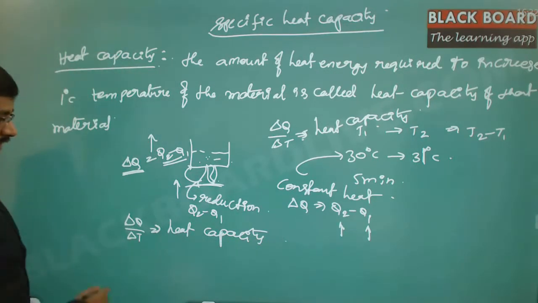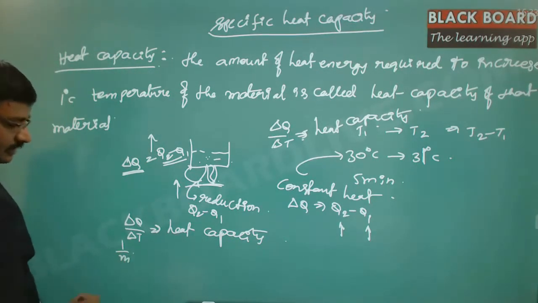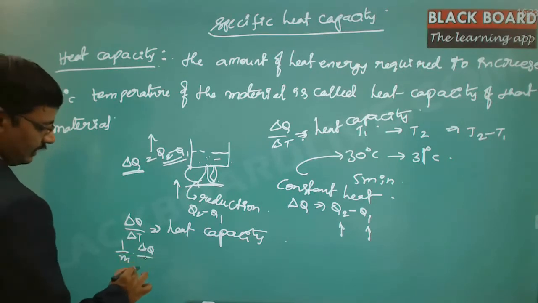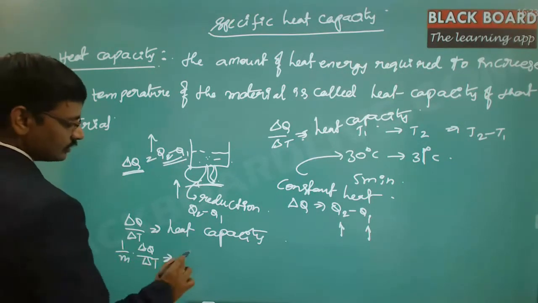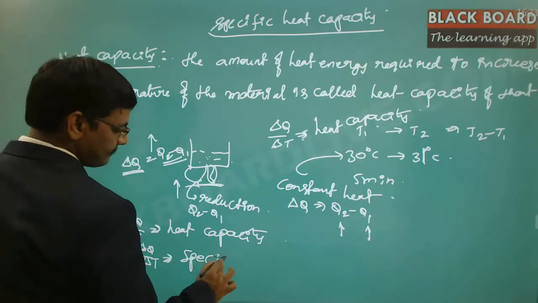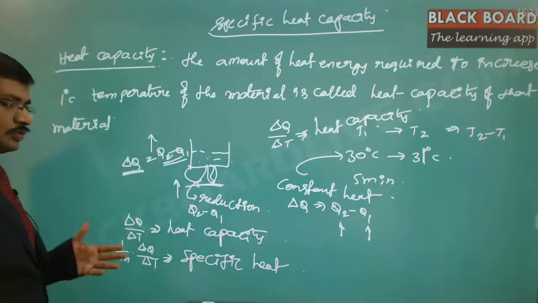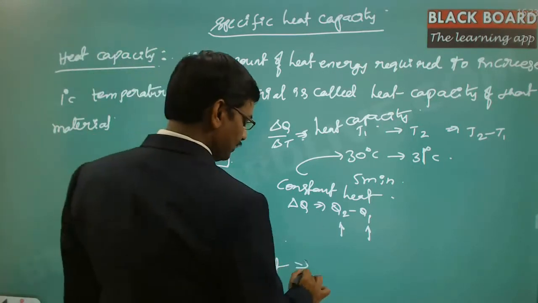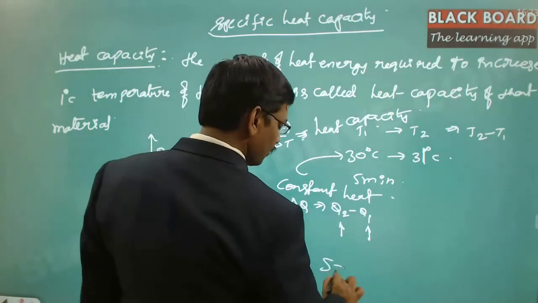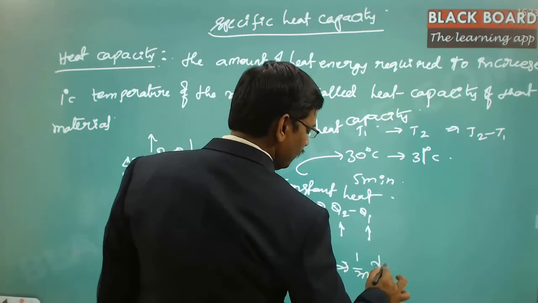And this heat capacity, if I divide by the mass, so delta Q by delta T divided by mass, is called the specific heat. Usually this can be represented as S equal to 1 by M into dQ by dT.